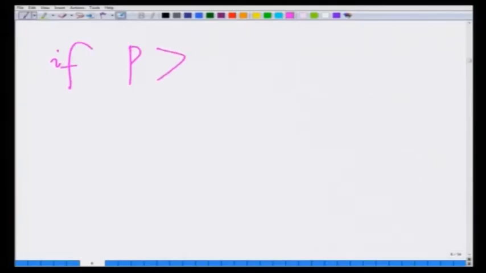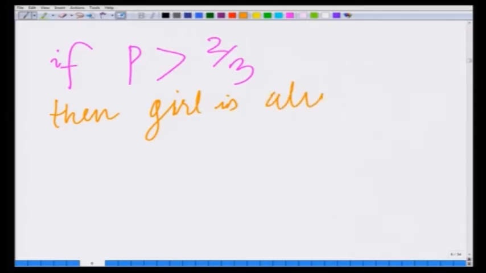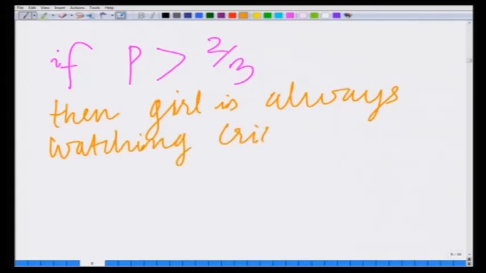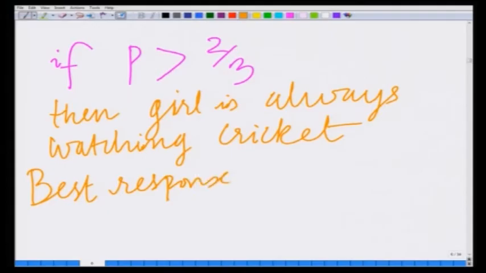Alright. So, hope this is clear, that is best response: if p is greater than 2 by 3, then the girl is always watching cricket, and therefore, best response q star is equal to 1, right.